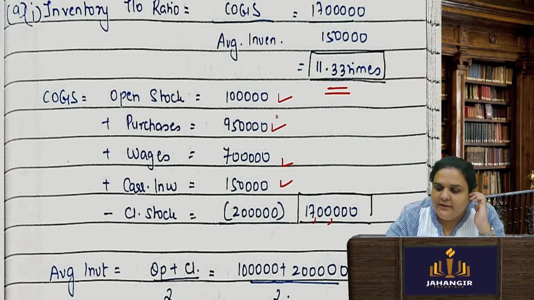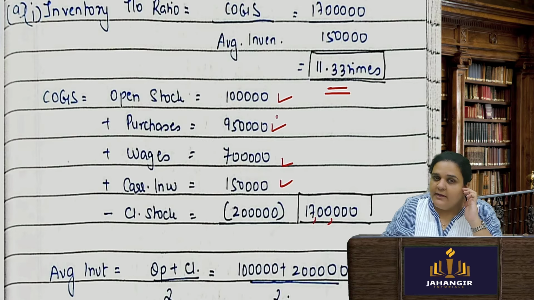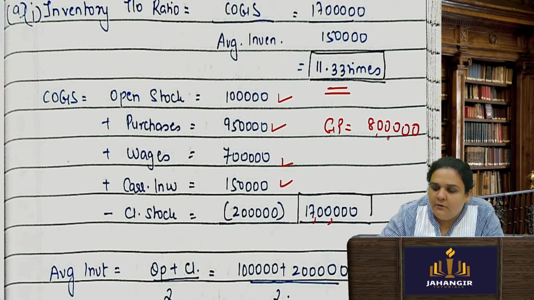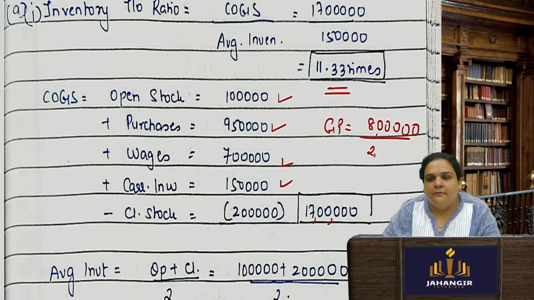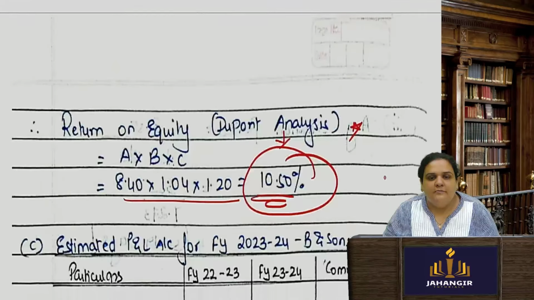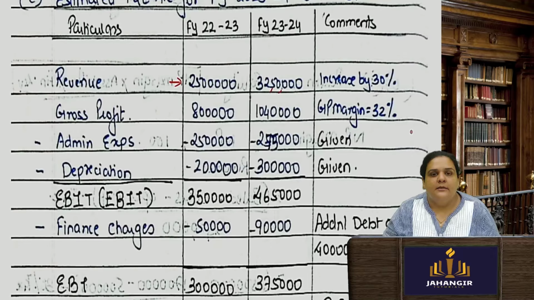So 25 lakhs minus 17 lakhs, my gross profit was 8 lakhs. So 8 lakhs divided by 25 lakhs. What is the percentage? 32%. They are saying this percentage will not change. So now also I will use 32% only.